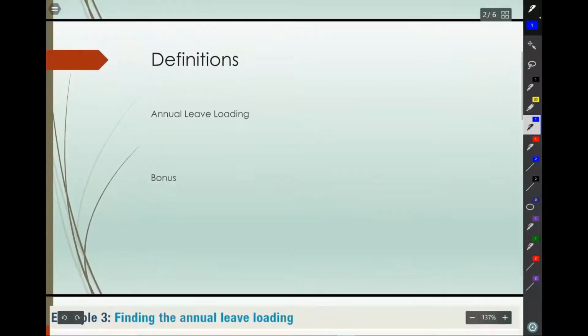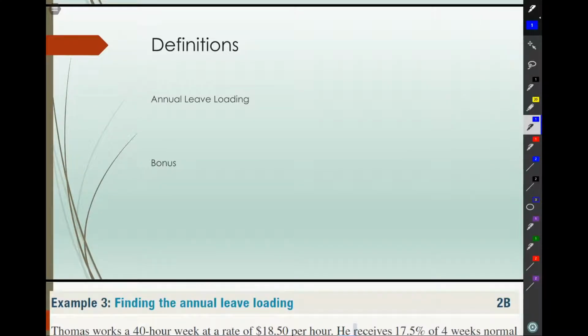So let's just get clear in our minds exactly what these things are. Annual leave loading is an additional payment that you get during your annual leave. It's pretty much always 17.5% for 4 weeks annual leave.